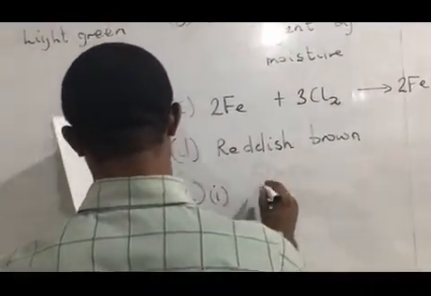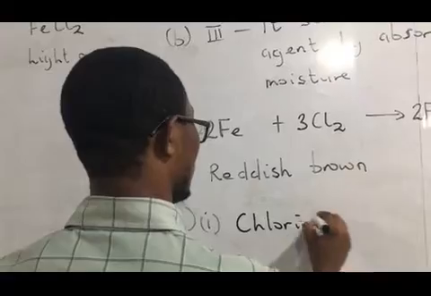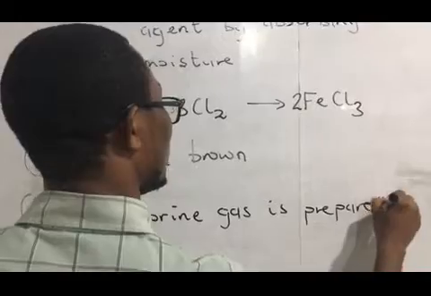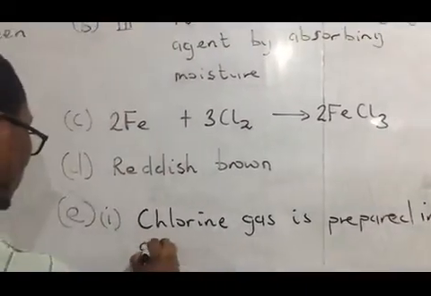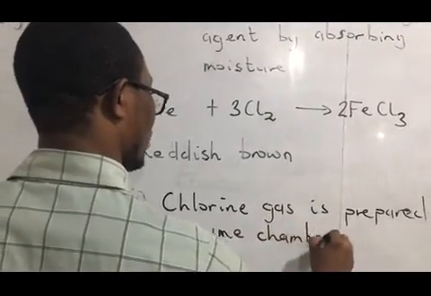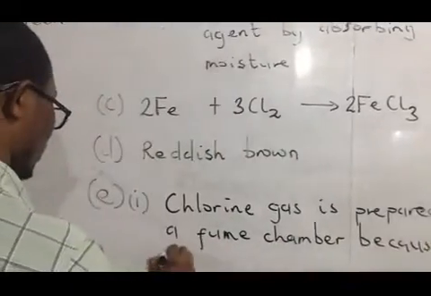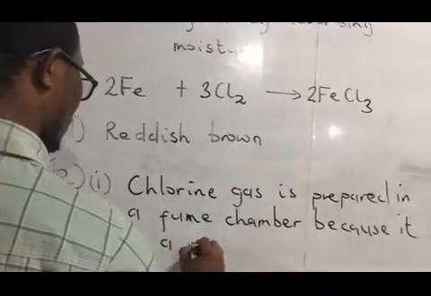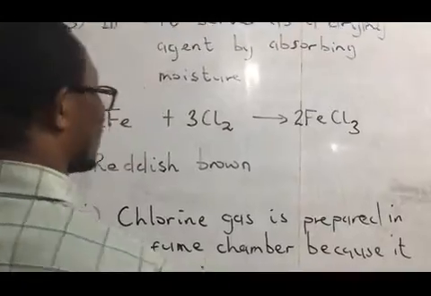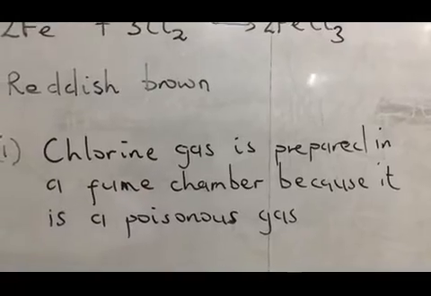So why is chlorine gas prepared in the fume chamber? Because it is a poisonous gas.